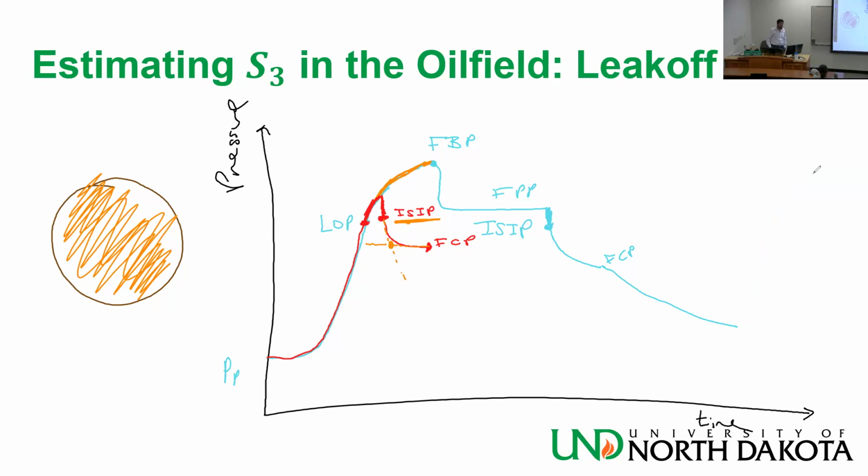How do you break the rock when you make those fractures? What kind of fractures are those? Tensile, mode one. So you already broke the rock, then you removed the fluid, it closed, and now I'm trying to open an already existing fracture.